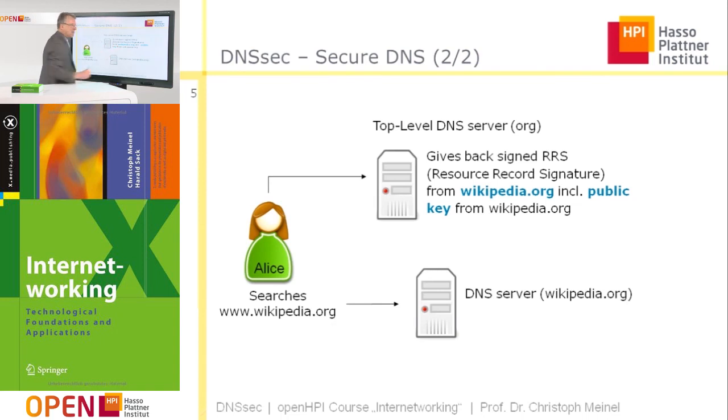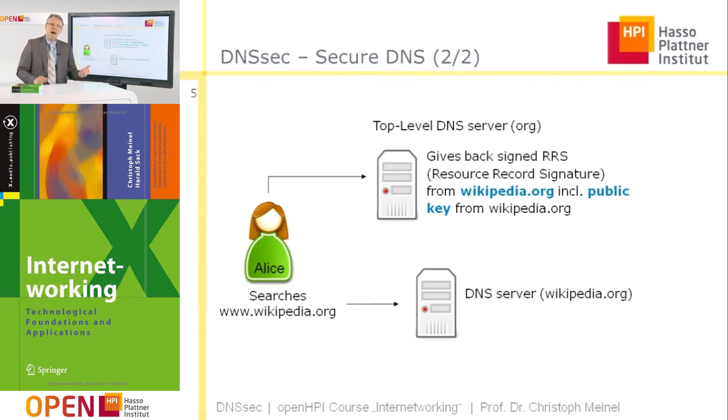This public key is needed to verify a digital signature. A digital signature is something that is encrypted with a private key. In this case, it is encrypted with the private key of Wikipedia.org.